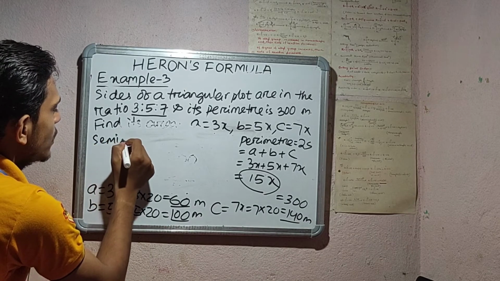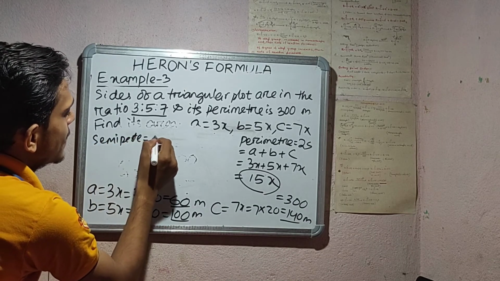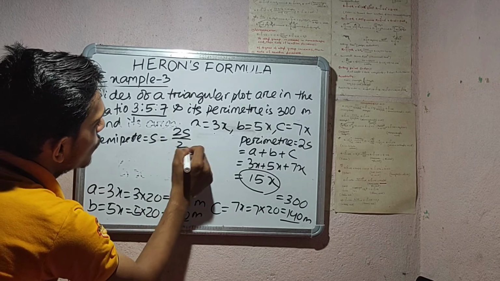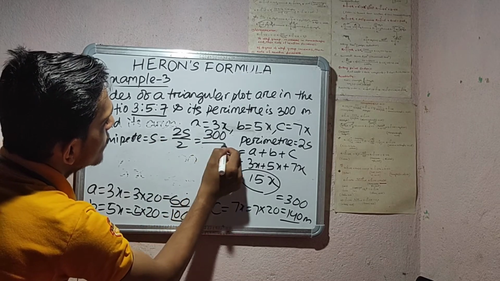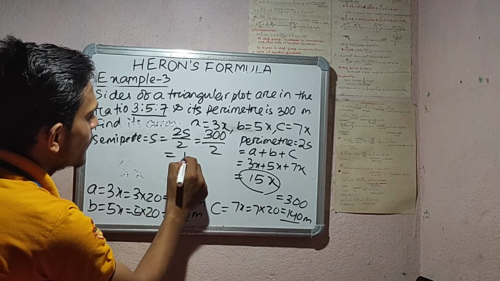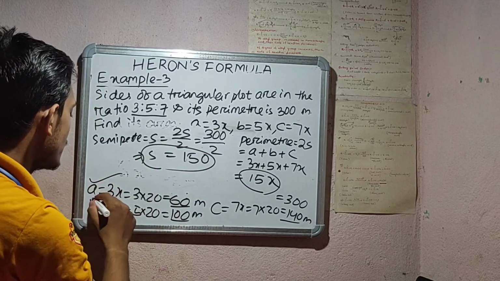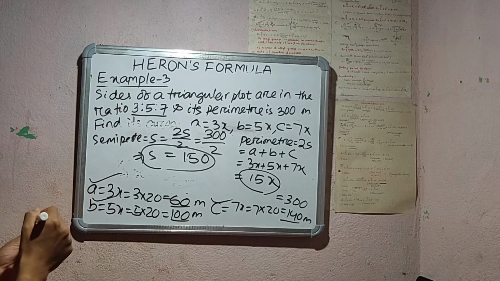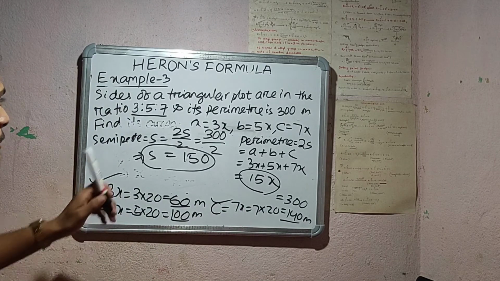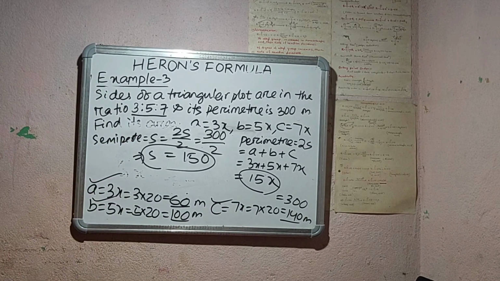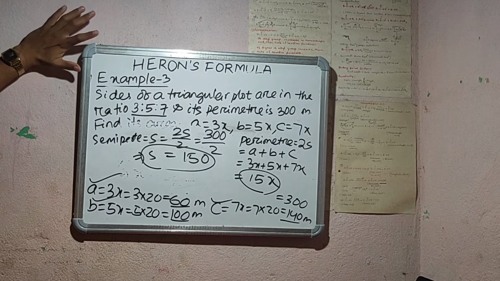So semi-perimeter, that is s equal to 2s upon 2, that is 300 upon 2, that is 150. This is the value of s. So s, a, b and c are all here, and you can easily find the area according to Heron's formula. So it is completed.